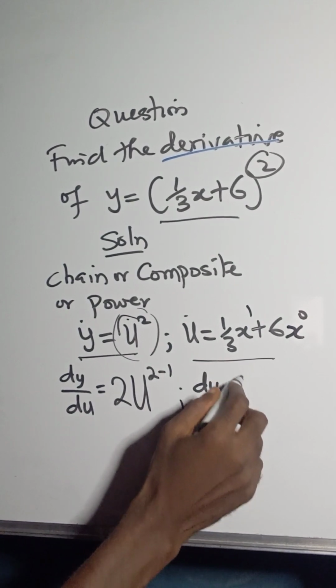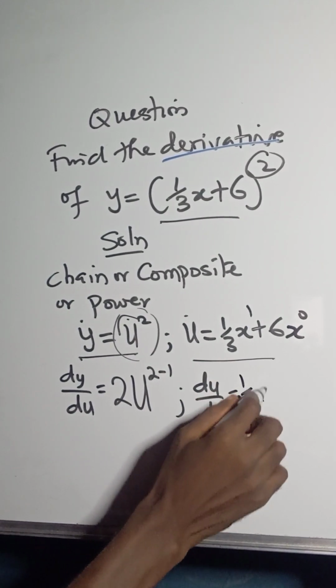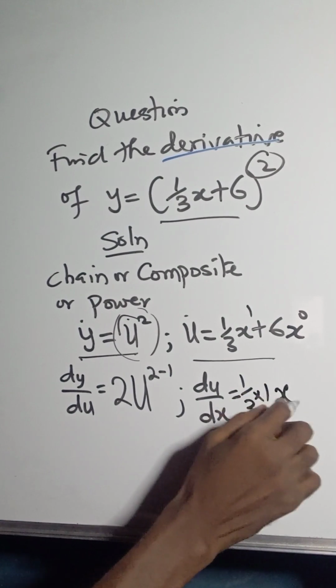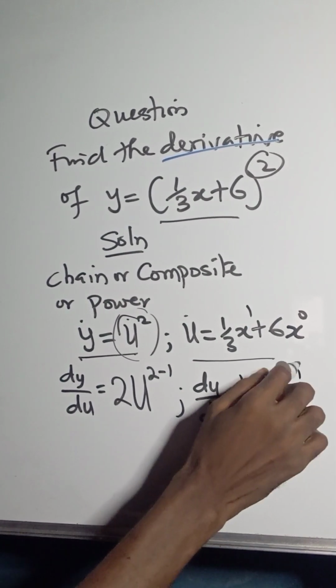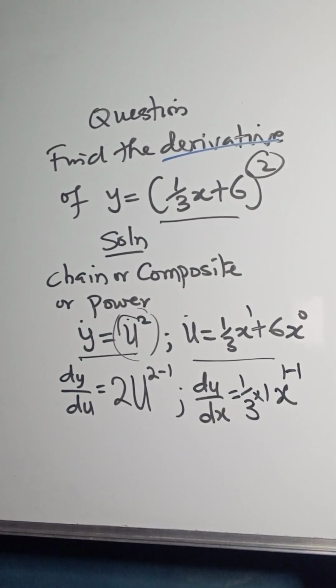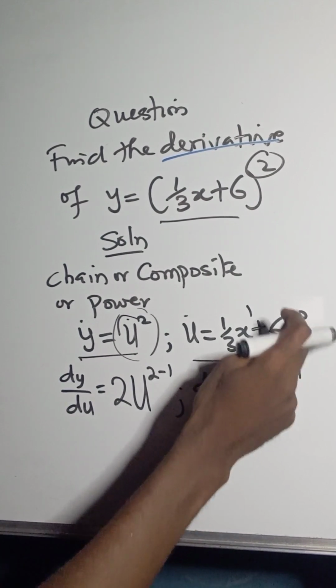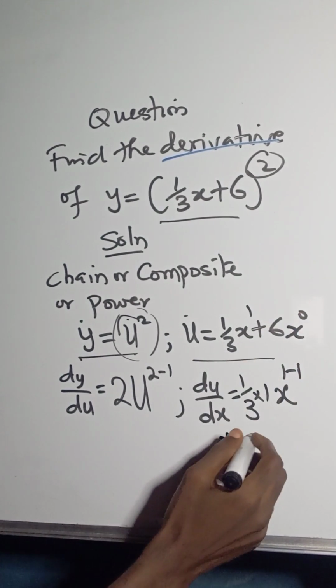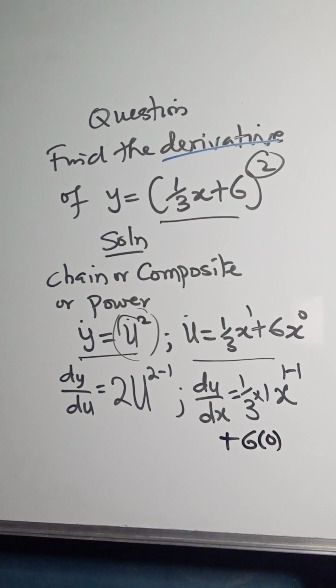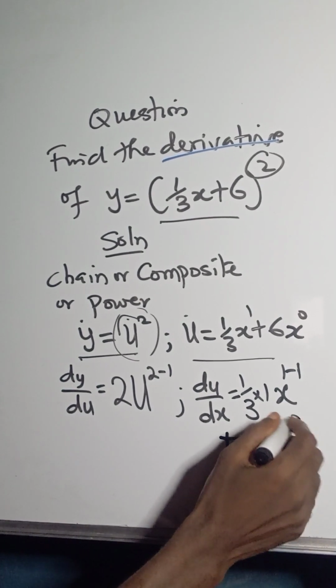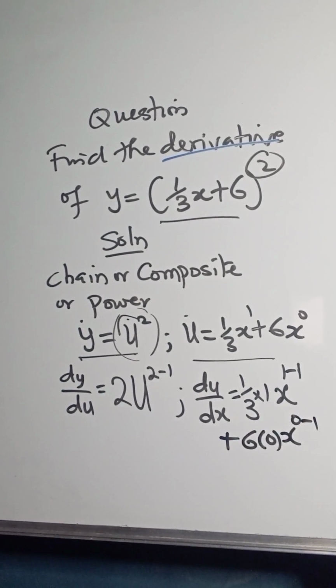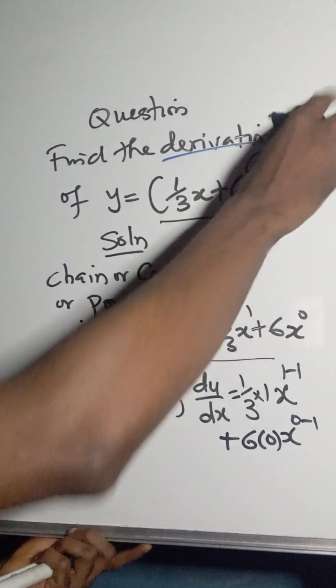So I have 1/3 times 1, and x raised to the power 1 minus 1. Now for this part, 0 comes down to multiply the 6, and we have x raised to the power 0 minus 1. So from this, we can now further simplify.